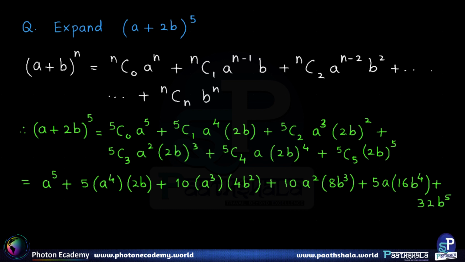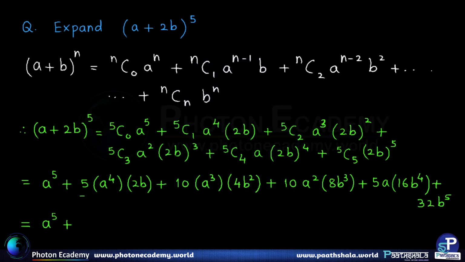And now we can write the final expression by writing the simpler terms by multiplication of individual terms. The second term becomes 5 into 2, 10, a raised to 4 into b.